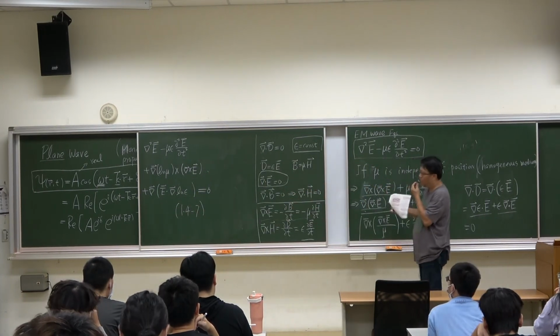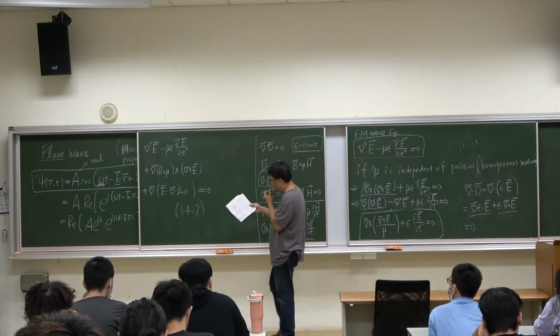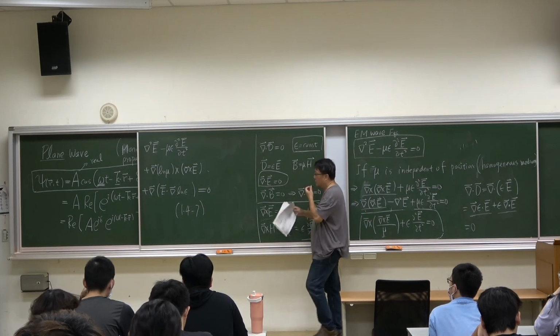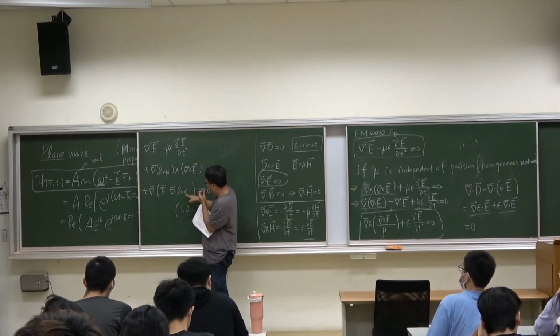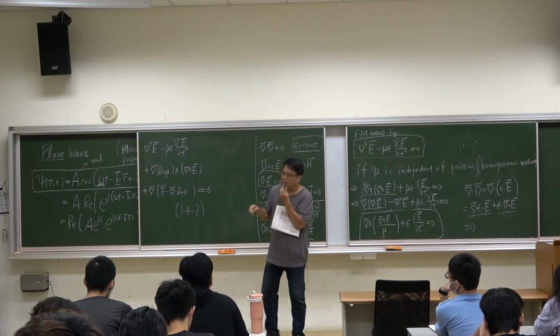You see in the textbook there is a very ugly equation, 1.4-7. This equation is for the case that mu and epsilon are position dependent.